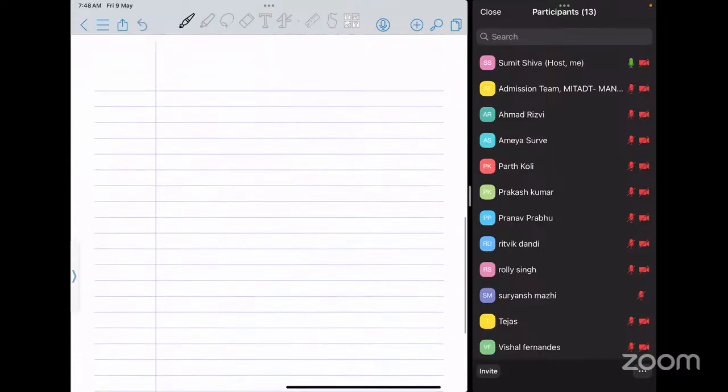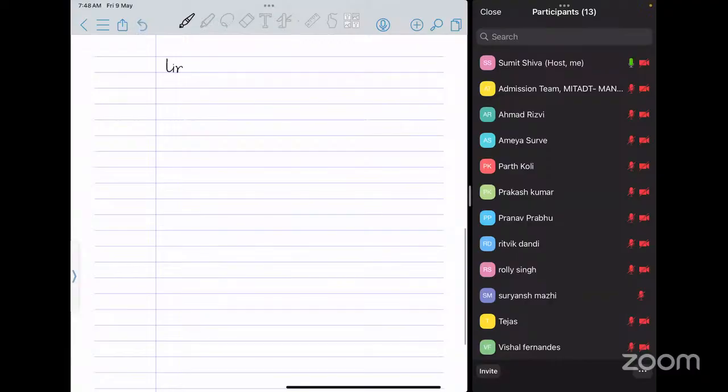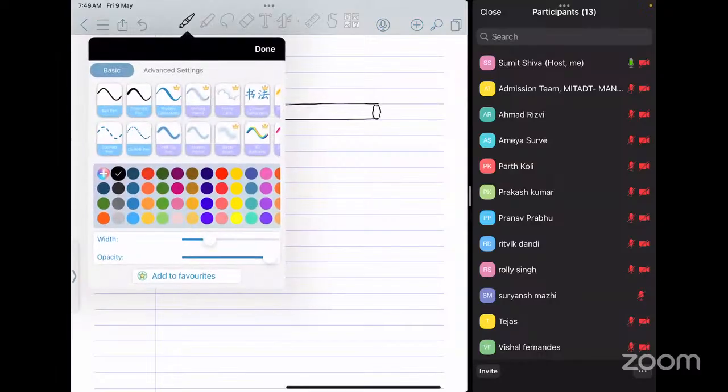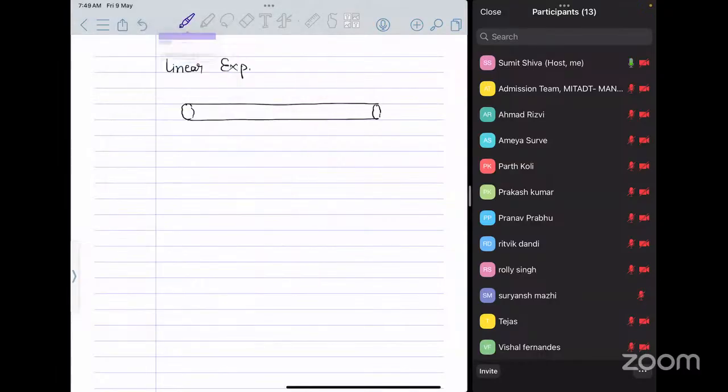Now, if you take the example of linear expansion, so what will happen in linear expansion? In linear expansion, I have a rod of a material of certain length, and this rod is in such a way that its thickness is way smaller than its length, which implies that you can ignore the thickness of the material in this case.